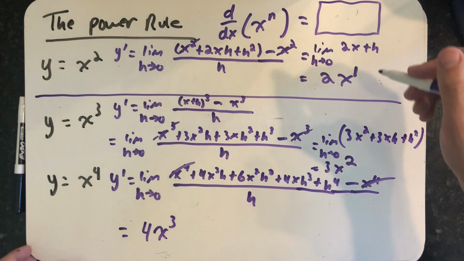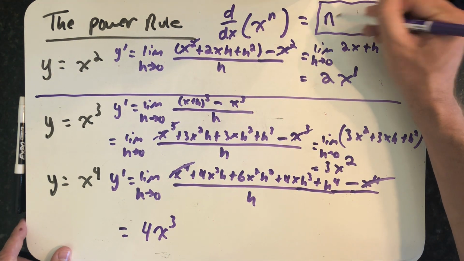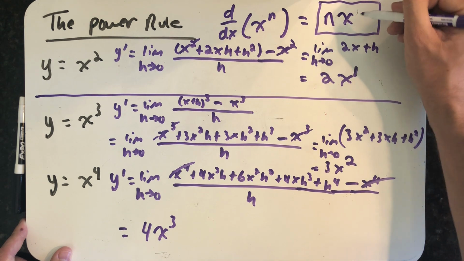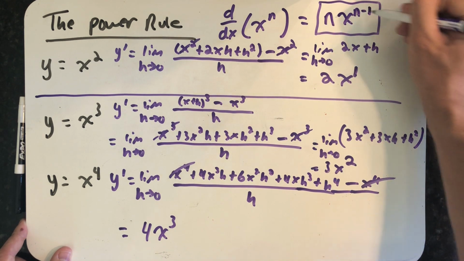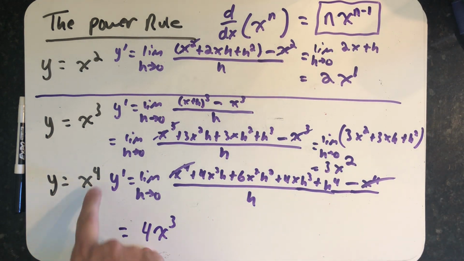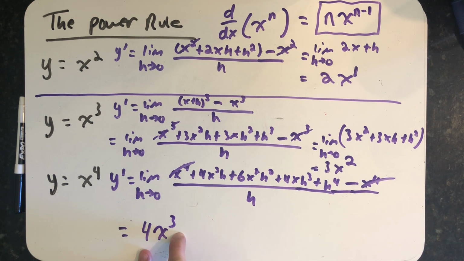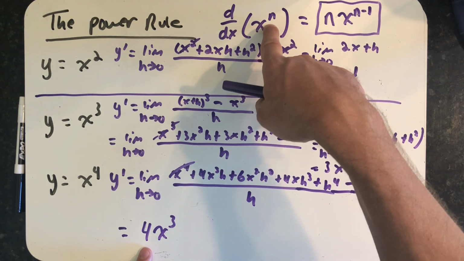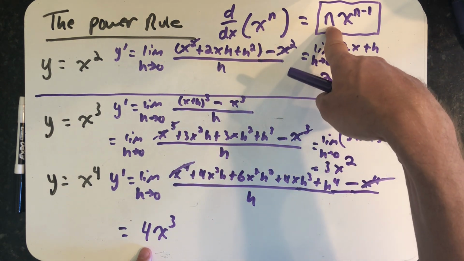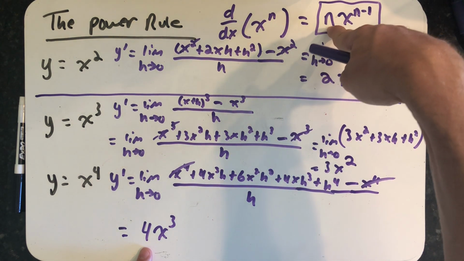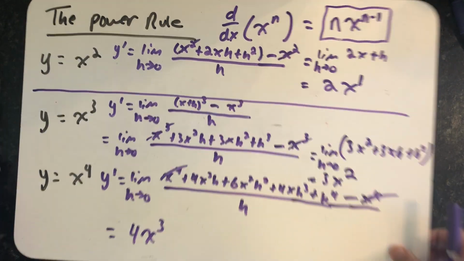And I think the power rule says this, that I have n times x raised to the n minus first power. That what was the exponent is now a coefficient, and the exponent went down by 1. That anytime I have x to the nth power, I should be able to easily find its derivative. All right, so let me write down the power rule.